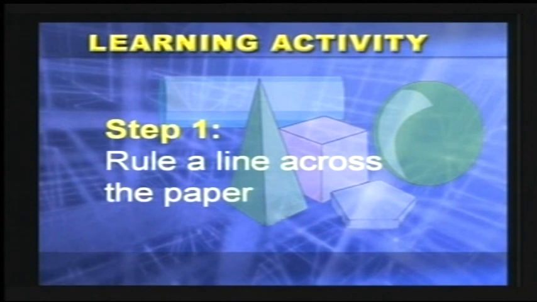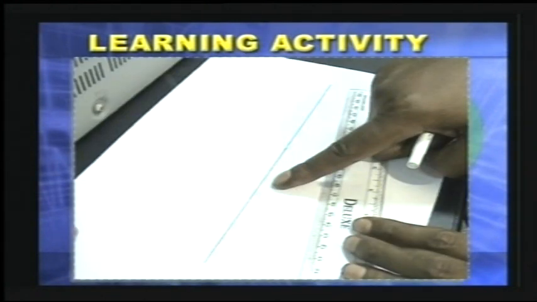So please listen carefully. Step number 1, rule a line across the paper. Okay? So you get a blank piece of paper and you rule a line across like that on the screen.